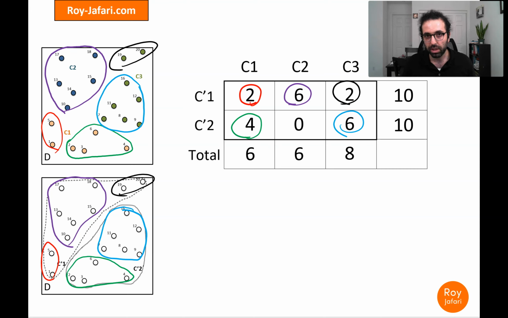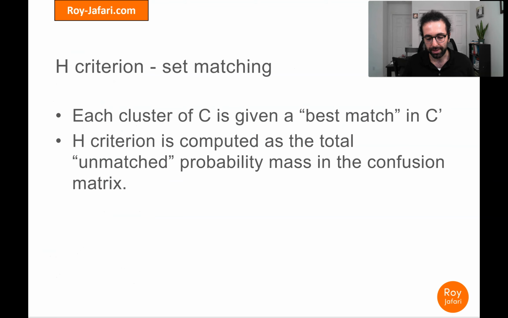And using this confusion matrix, we have a metric that captures similarity, and that is called the H criterion.